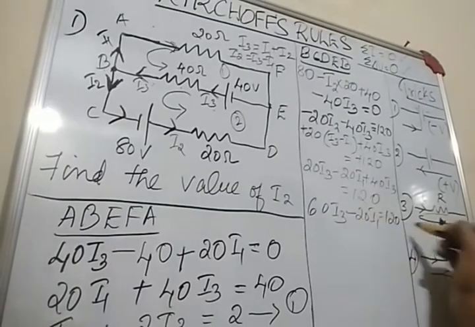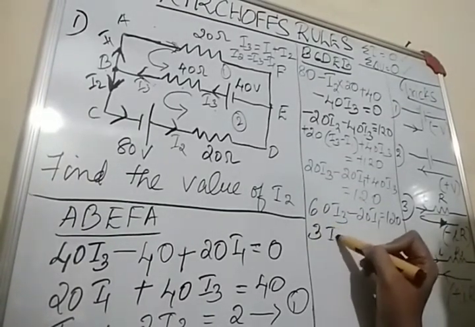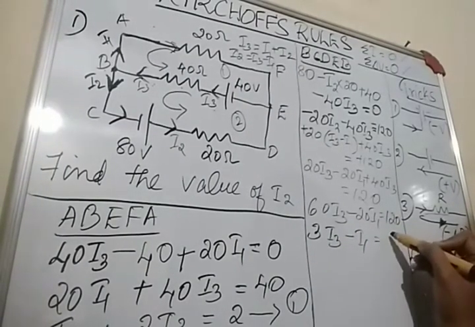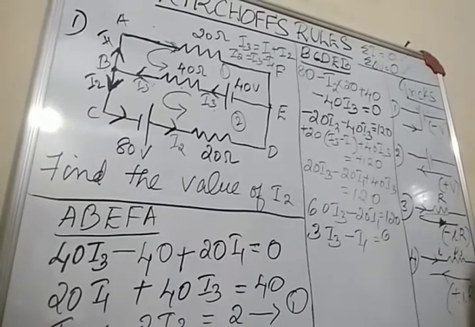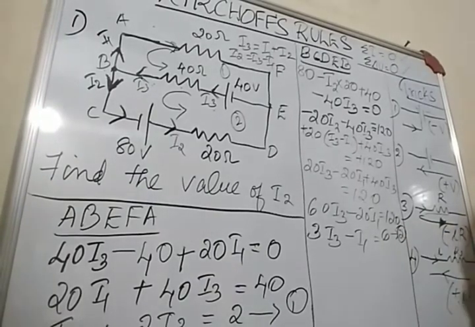Now just divide all the terms by 20. So you will get 3 I3 minus I1 equal to 6. Okay, so this is our second equation.